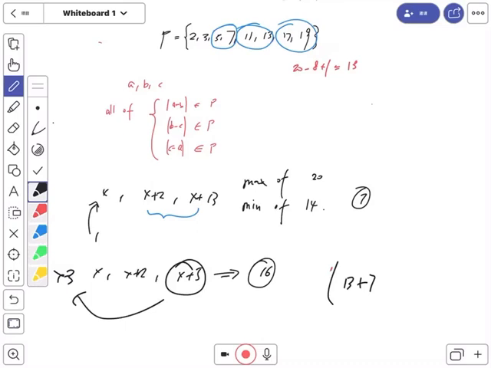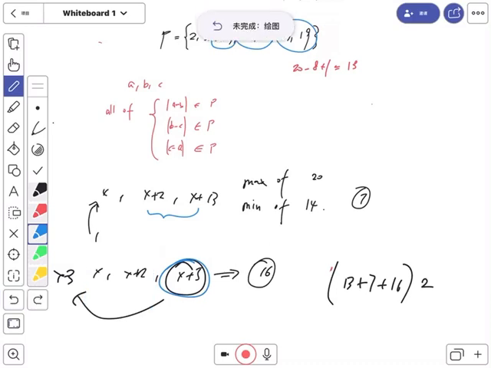So therefore, we actually have 13 plus 7 plus 16, but we multiply by 2. Since you have 2 elements that differ by 2, the last element can be both in front and also in back. So like here, you can have x plus 5 after this, but you can also have it before this.